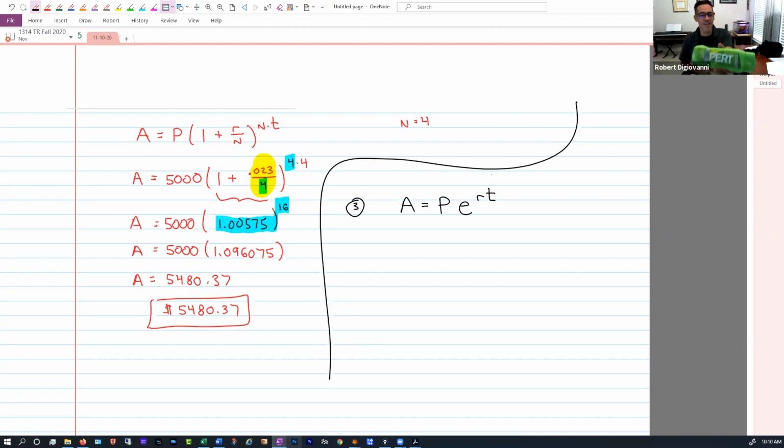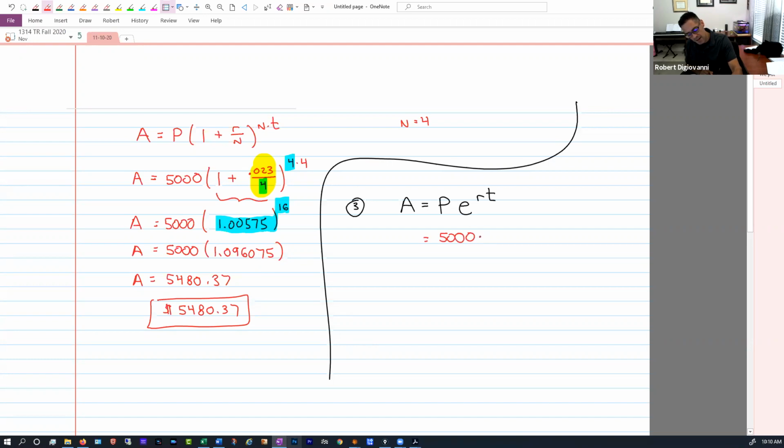You see? It's PERT. It's the way to do it right there. So this is our PERT formula, right? The E in the formula is the E we were just talking about a second ago. I said there's a key on your calculator. Notice that in this formula, there's no N. So we know what P is, P is the 5,000.